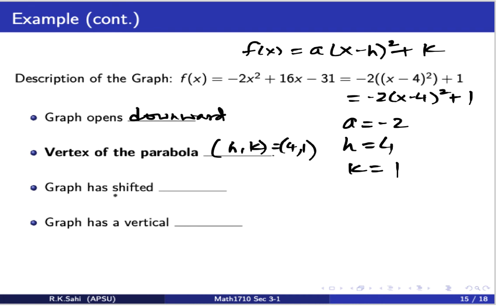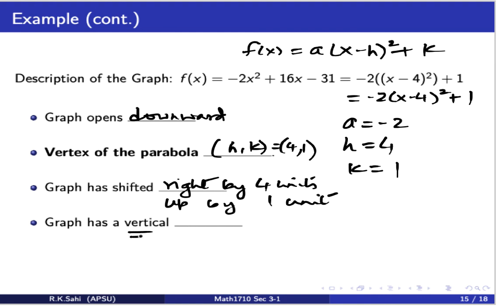Now, how much has it shifted? Minus 4 means it has shifted right by 4 units. And plus 1 means it has shifted up by 1 unit. Now, does it have a vertical stretch? Yes, because negative 2... sorry, I'm looking at the absolute value, which is 2.